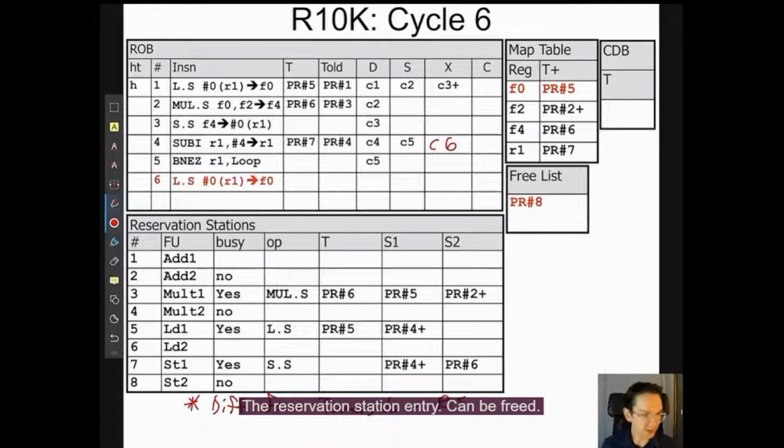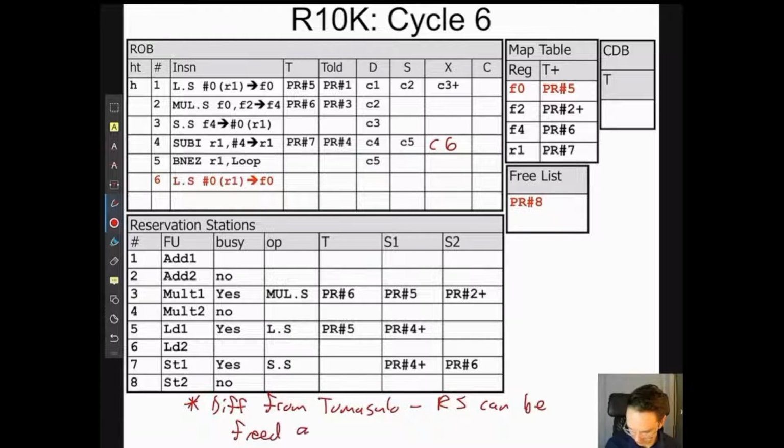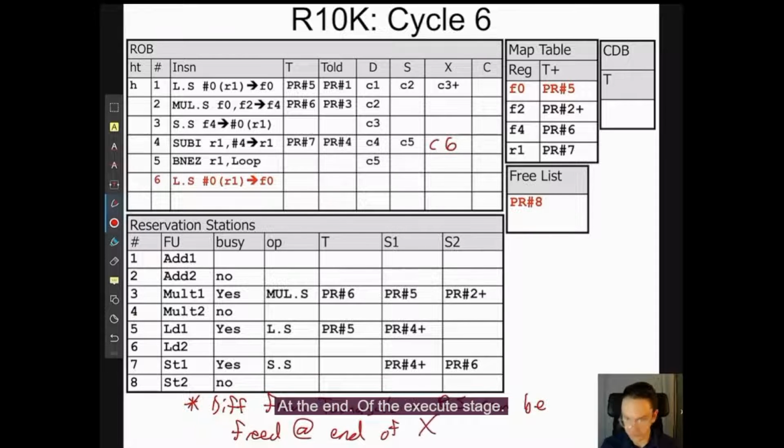The reservation station entry can be freed at the end of the execute stage. So since the subtract has both started and finished its execute, it's a one cycle simple operation in cycle 6, then we can actually deallocate this reservation station entry.